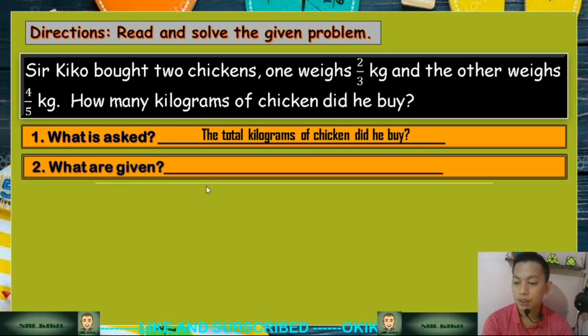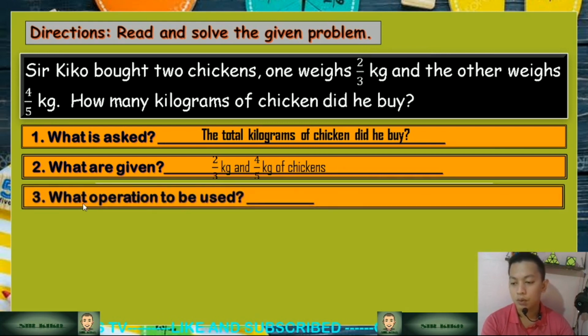Next, number 2, what are the givens? The givens are 2/3 kilogram and 4/5 kilogram of chicken. And then what operation is to be used? According to what is asked, which is a total, meaning you're going to sum it, so the operation would be addition.